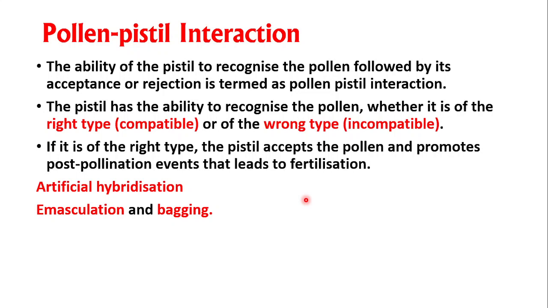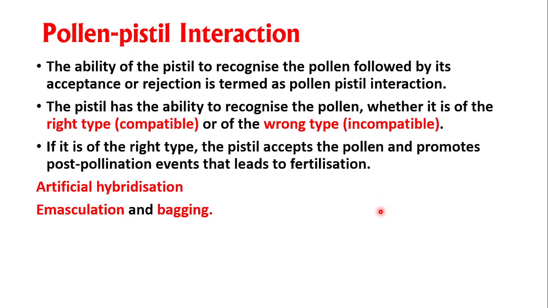The pistil has the ability to recognize the pollen. Do remember, this is the second point. The pistil has the ability to recognize whether the pollen is of the right type, or compatible, or of the wrong type, or incompatible. That means when the pollen grain falls on the surface of the pistil, it will first recognize whether the pollen grain is of its own kind or not. If it is of its own kind and capable of fertilizing, then it will accept.